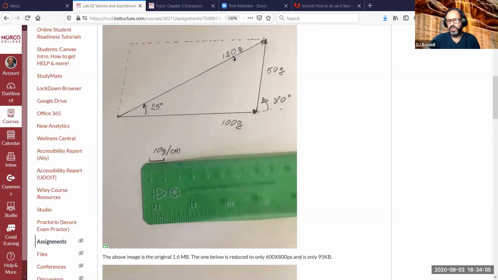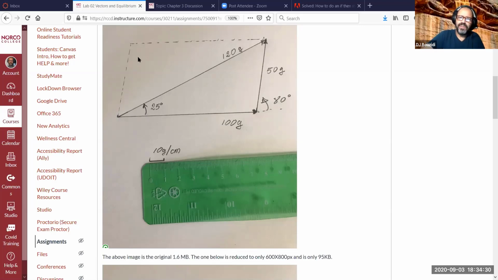The actual measurement with the ruler was 12 centimeters. 12 centimeters times 10 grams per centimeter, cancel the centimeter, end up with 120 grams. So the answer in here is 120 grams. Then I use a protractor again and measure this angle, and I found it to be about 25 degrees, okay?